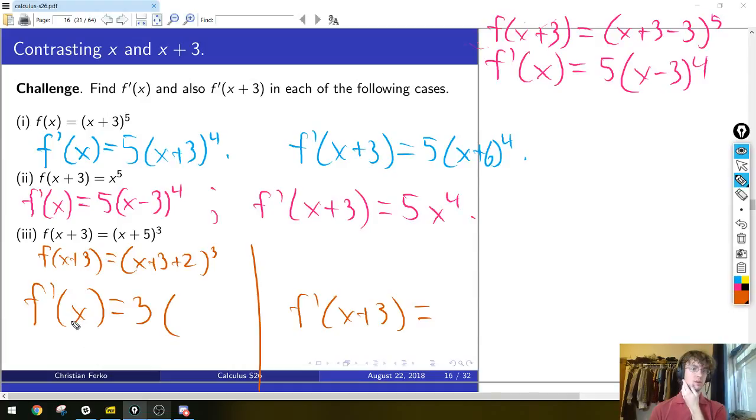Yes. Okay, so you tell me f prime of x is 3 times x plus 2 to the power 2? Correct. I think this is right, because we differentiate the right side, get a 3 times x plus 3 plus 2, replace the variable x plus 3 with x, so it is x plus 2 to the power 2, which I think is good. What about f prime of x plus 3?